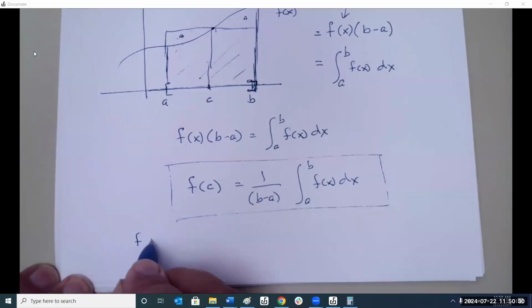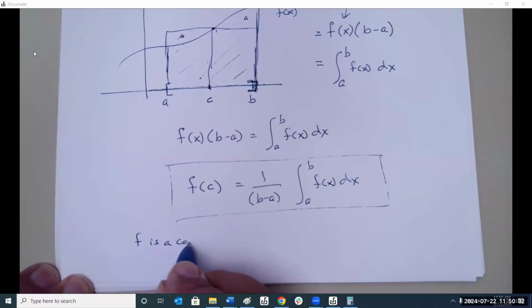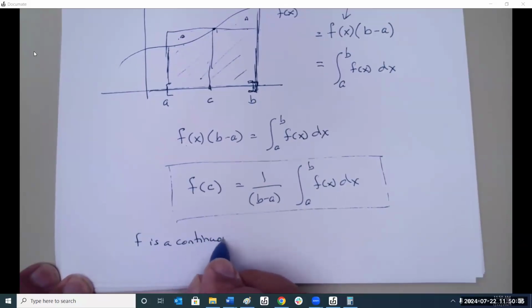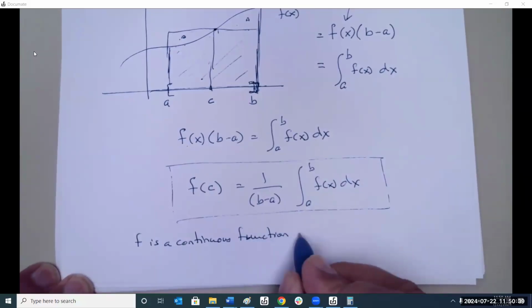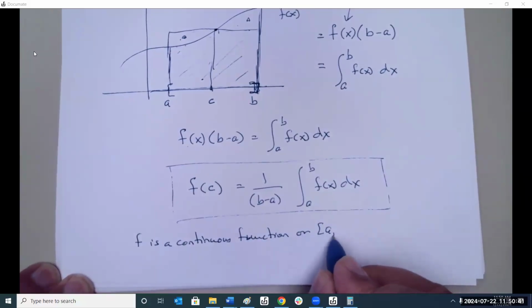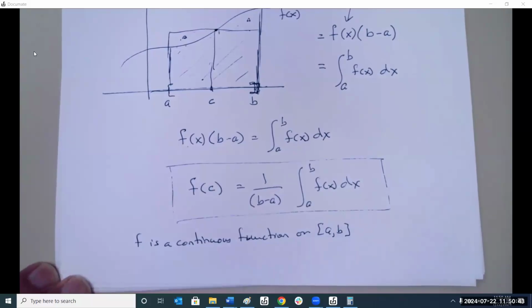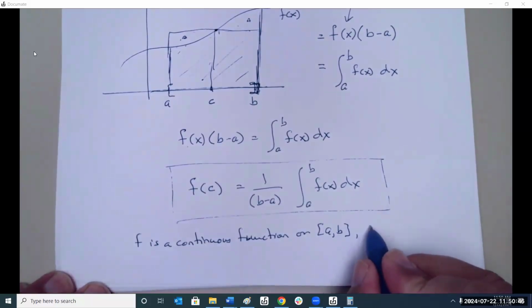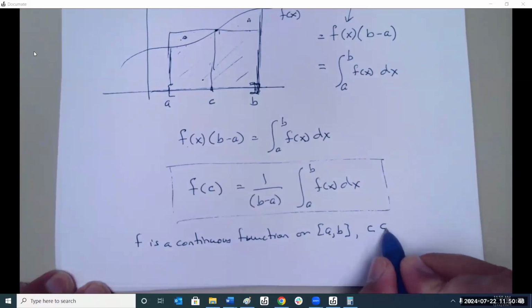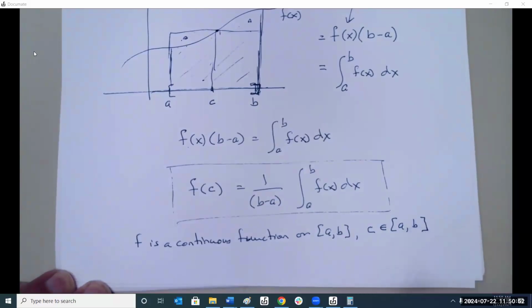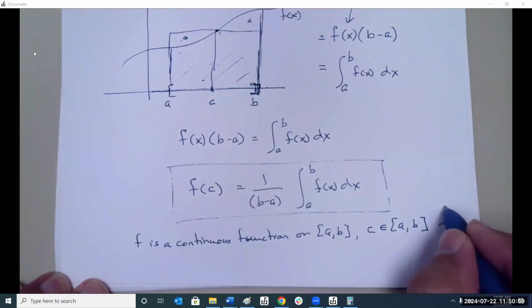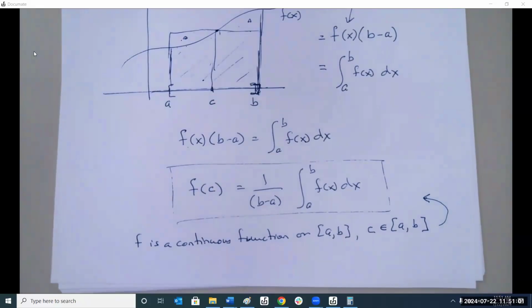Where f is a continuous function on some closed interval a, b, and C is an interior point inside AB, that this is true.